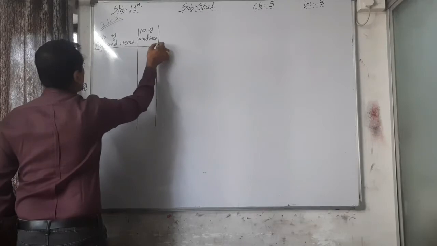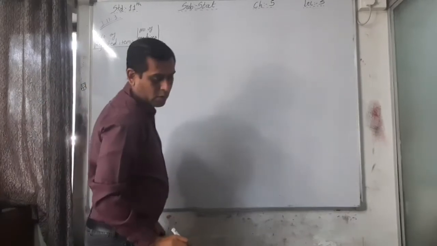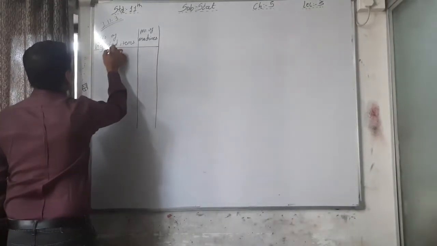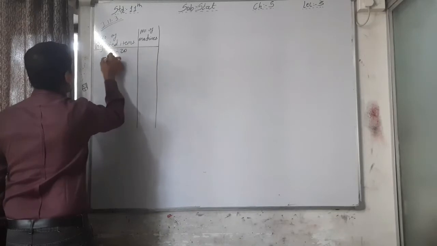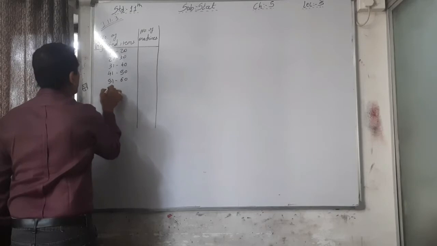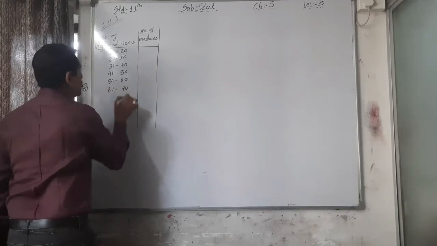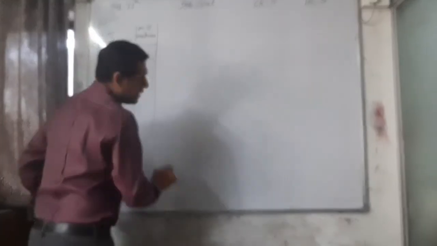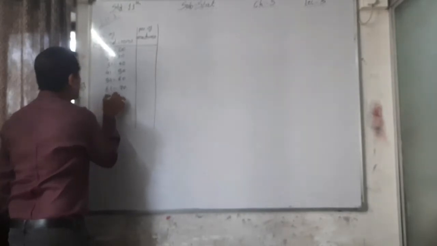I am writing the first question. 11 to 20, 21 to 30, 31 to 40, 41 to 50, 51 to 60, 61 to 70, and 71 to 80.